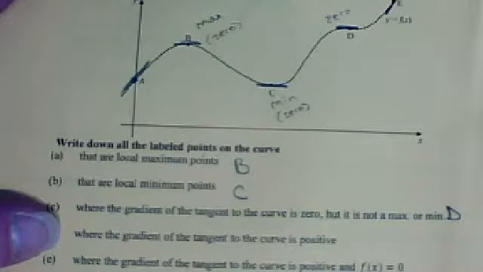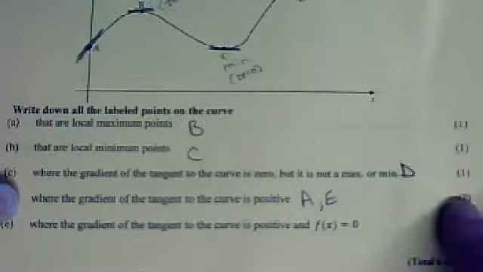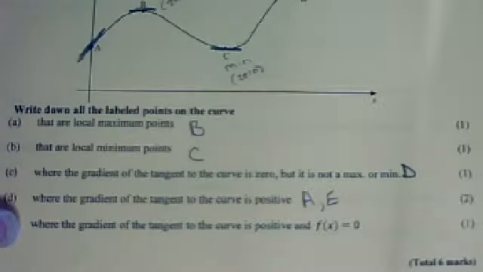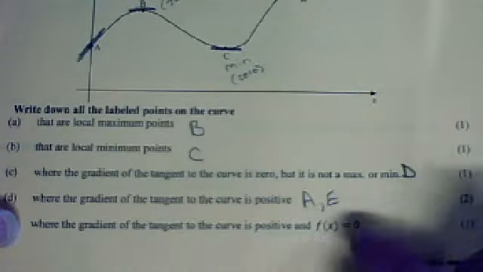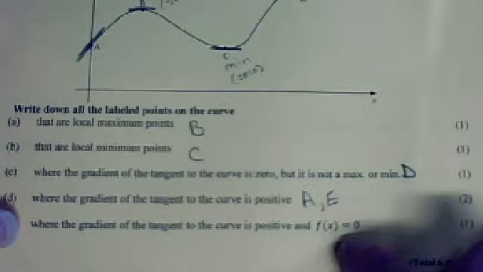The gradient of the tangent to the curve is positive. So where are my slopes positive? Well, at A, and then again at E. And notice that one did say 2 points. Where's the gradient of the tangent positive and f of x equals 0?